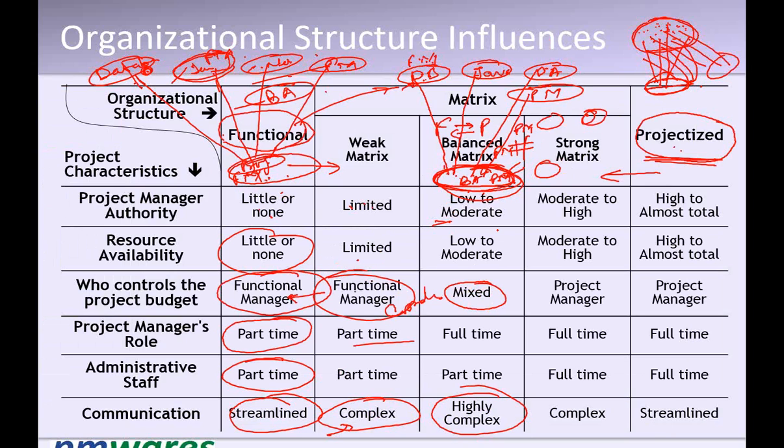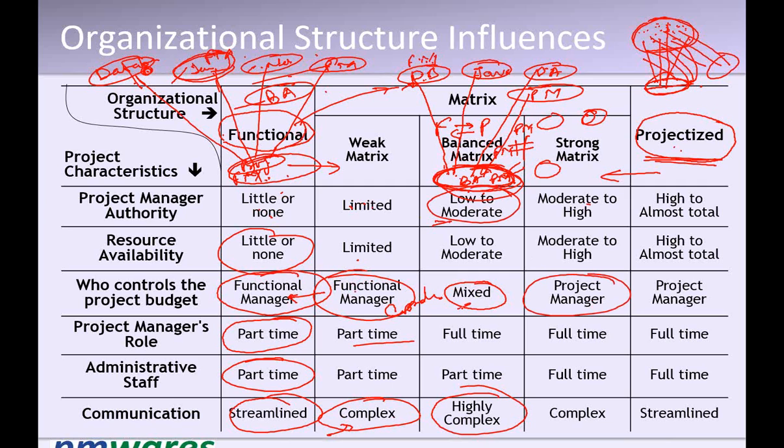Here it is showing discrete things, but they may be in between. Somewhat they will be like this, and somewhat like this, so maybe a mix of it. There may be a balanced matrix leaning towards a strong matrix, but it will be balanced because they have structured it that way. They earn their revenue from the project, but they build expertise in the function.